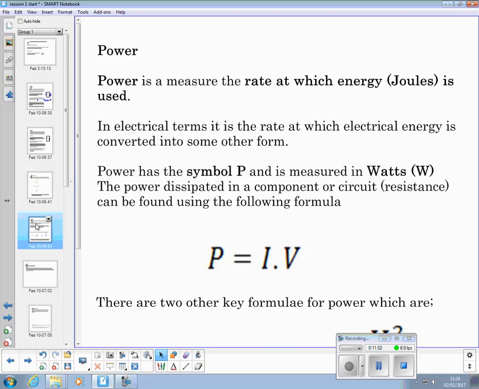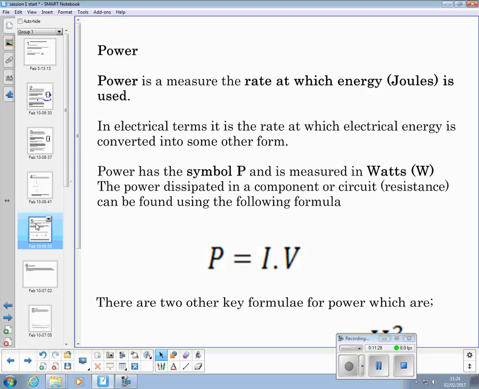The second thing that goes alongside Ohm's law is the power formula. Power is a measure of the rate at which energy, and energy is measured in joules, is used. In electrical terms, it's the rate at which electrical energy is converted into some other form.